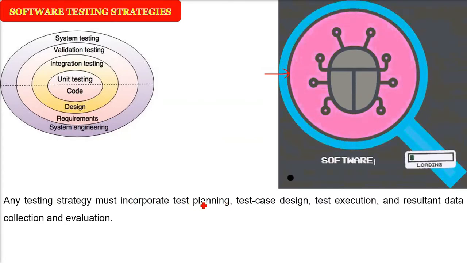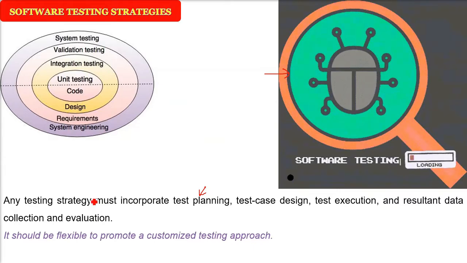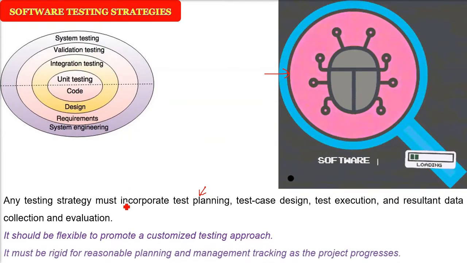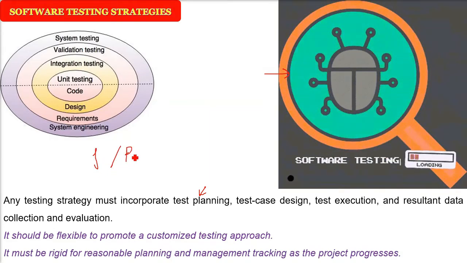Every testing strategy has to incorporate test planning, then test case design, test execution, resultant data collection, and then evaluation. So two things have to be together, flexibility and rigidity. But these two are antonyms.